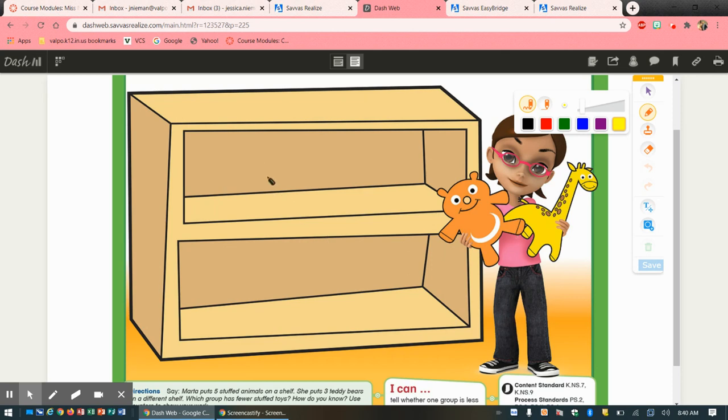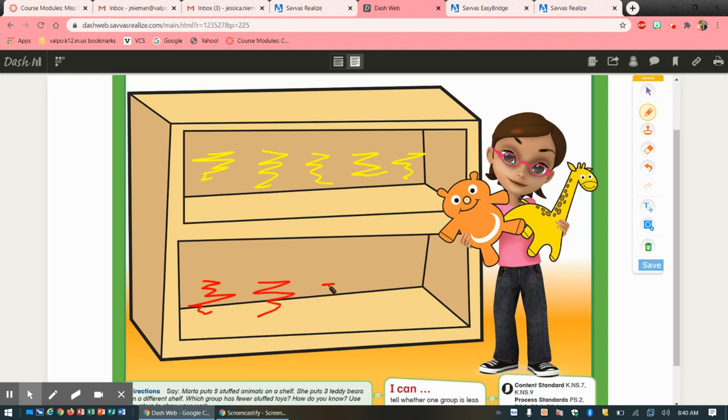So I have 5 stuffed animals on a shelf. I'm just going to make 5 little squiggles: 1, 2, 3, 4, and 5. And then I'm going to use my orange, well, it's kind of like a red, and I'm going to have 3 on this shelf.